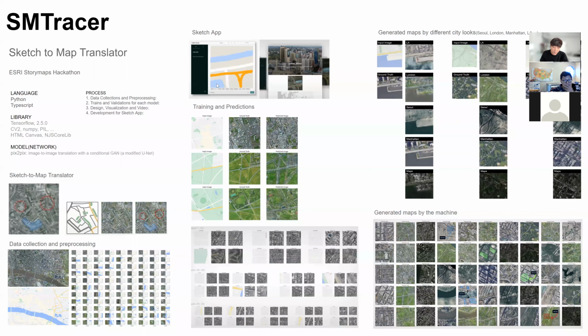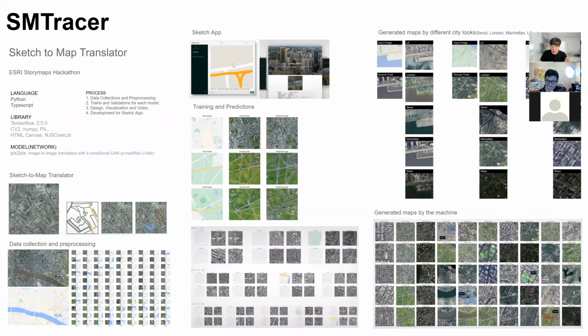For the application, we have a drawing interface where people can draw lines or areas based on a color code, and each color code has its own meaning, like highway, freeway, park, or forest. I trained the network on data from LA, London, Seoul, and Manhattan.